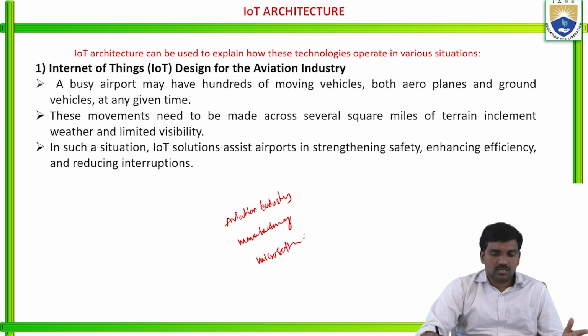In the first situation, an airport may have hundreds of moving vehicles, both aeroplanes and ground vehicles, at a given time. These movements need to be made across several square miles of terrain, with limited visibility. It depends on the weather whether they can land or not.